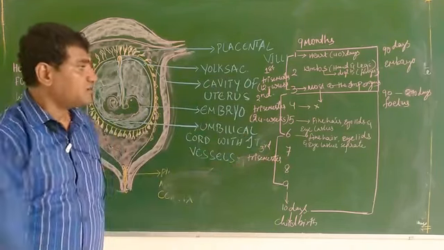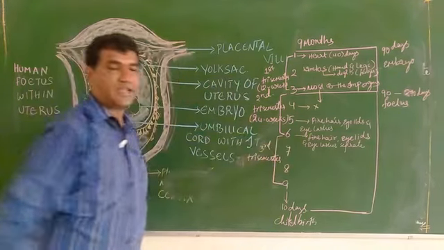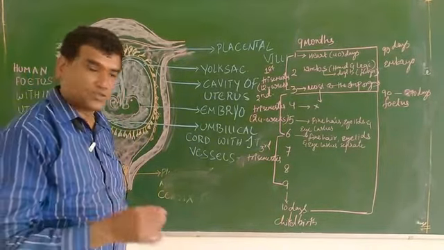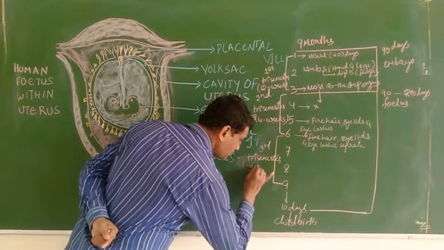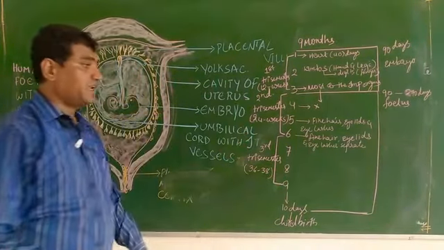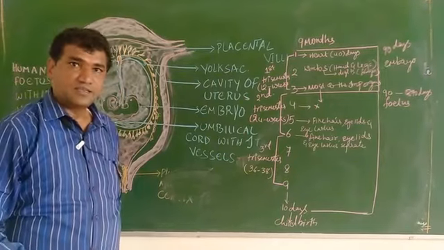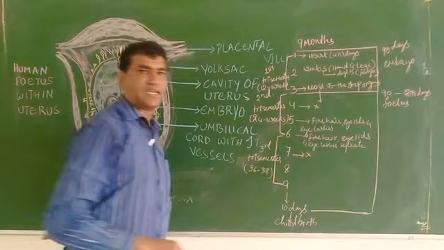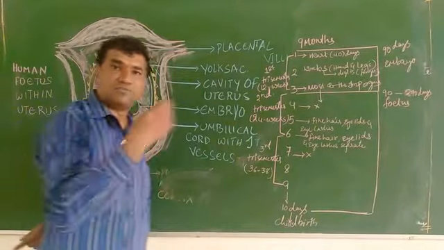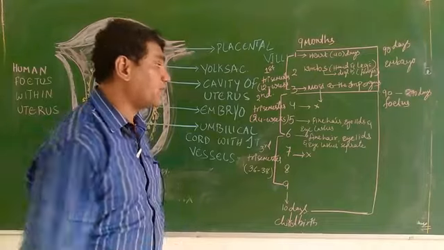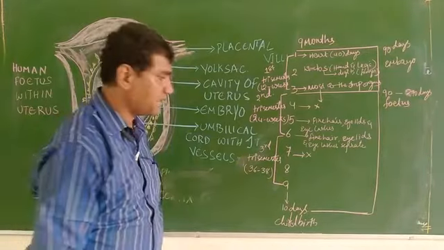The 7th month to the 9th month is called the third trimester, or 36 to 38 weeks, and in this there is no major development. Whatever organs have formed continue developing in the 7th month.